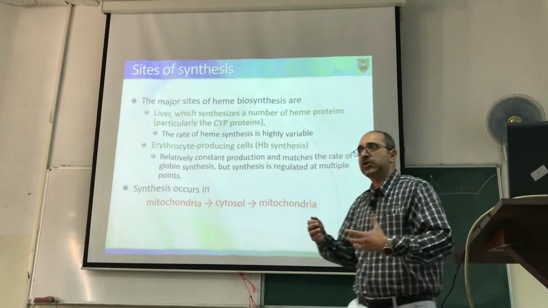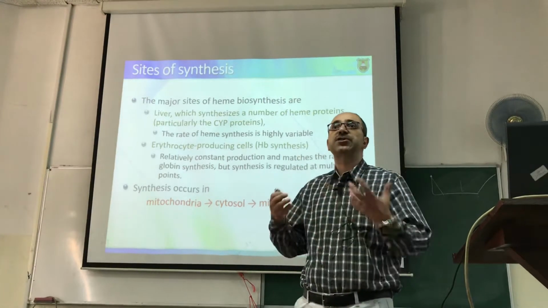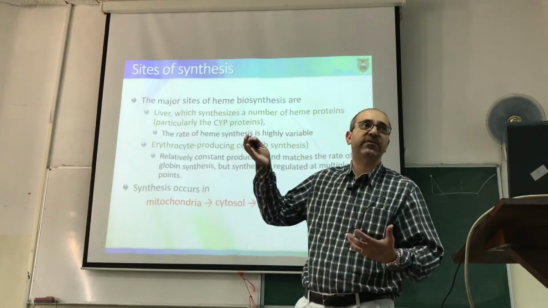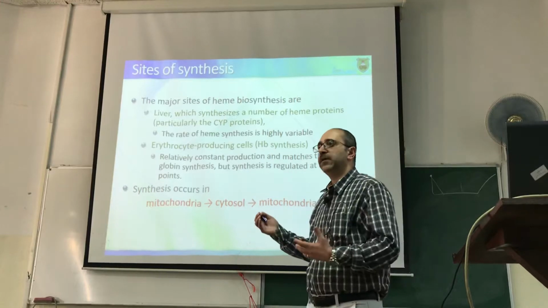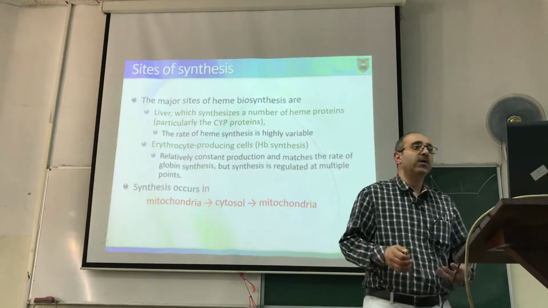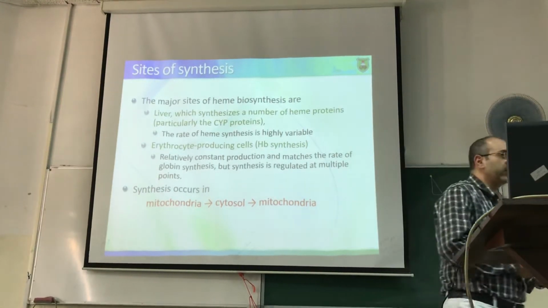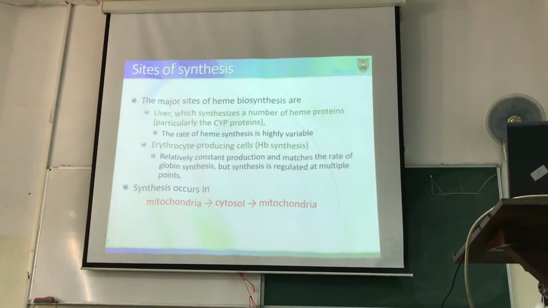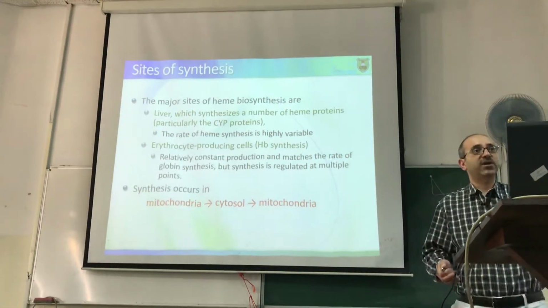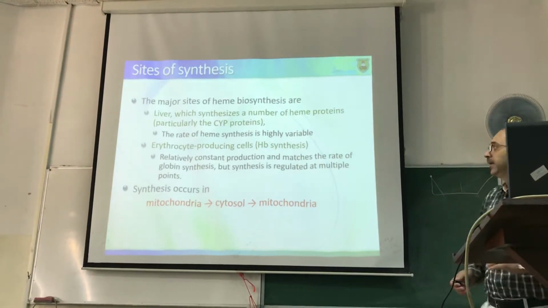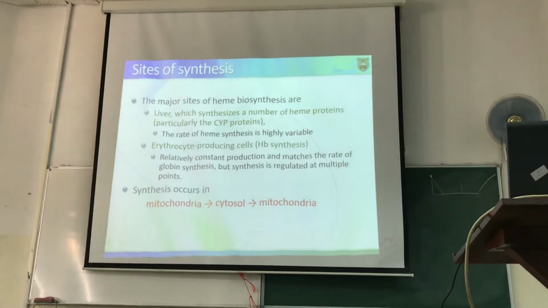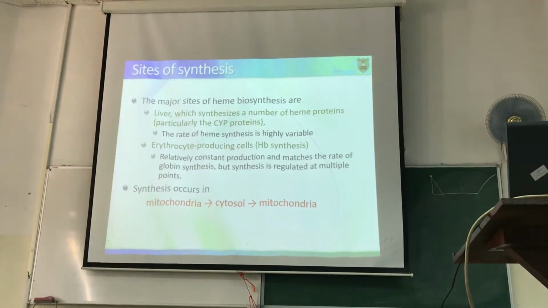That is, in certain conditions, if you ingest certain drugs, you would have increased synthesis of heme in liver. On the other hand, with erythrocytes or erythroid tissues, synthesis is relatively constant, although it can be regulated at certain points. That's one, and mainly it is controlled by the level of iron in the system.